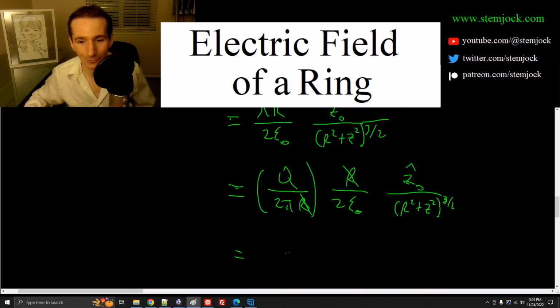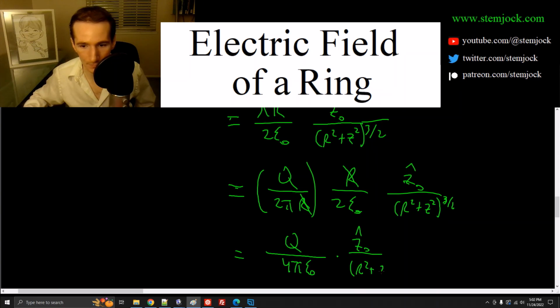So what we're left with then is q over 4 pi epsilon 0, and then z naught hat over r squared plus z squared to the 3/2. And this here is our final answer for the electric field on the axis of symmetry.